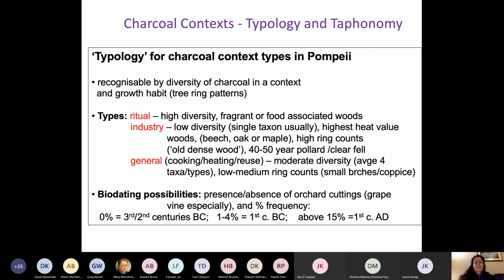This is called biodating. So once you know a site very well, you can use the archaeobotany to help or to cross-check mistakes or differences in dating from other parts of the record, such as ceramics or coins. So for particularly grapevines and citrus and orchard cuttings in Pompeii, if you haven't got any, you're going to be earlier than the 2nd, 3rd BC.